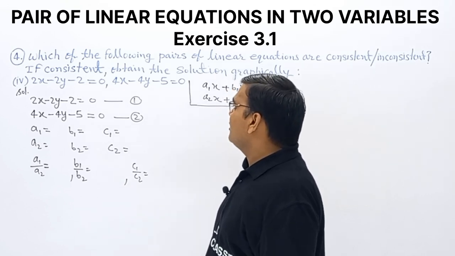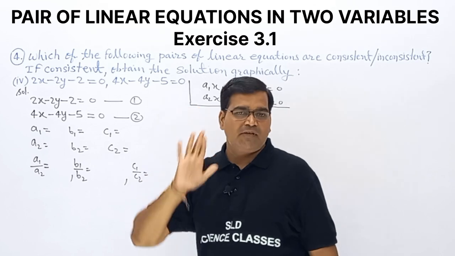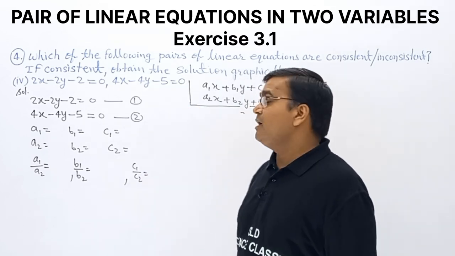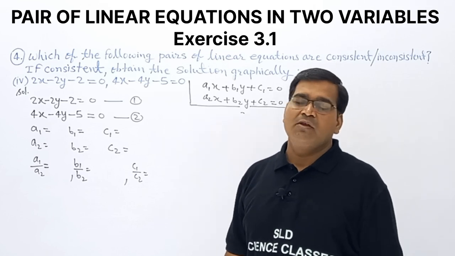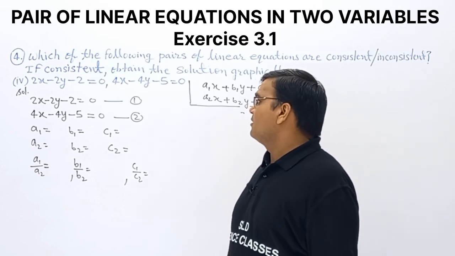Once we find that it is consistent, then we will find the solution graphically, which means we will find the values of x and y. Clear? So how will we solve? We already completed three questions of this type.